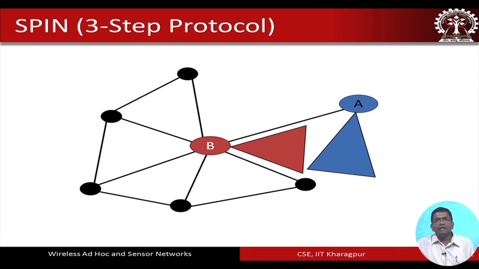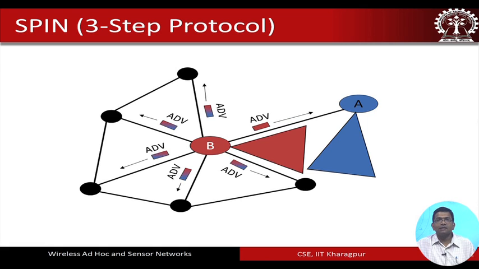So, let me now take the help of an animation in order to understand this 3-step approach of SPIN that we have looked at 2 slides back. Let us go through it once again. Node A will first send an advertisement to all its neighbors. Node B in this particular case is a recipient of this advertisement. Then node B sends a specific request to node A for getting the packet from A. Node B receives the packet, the actual data.